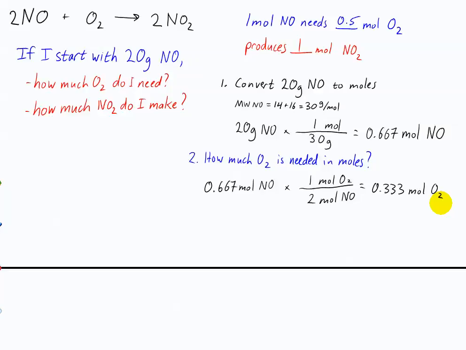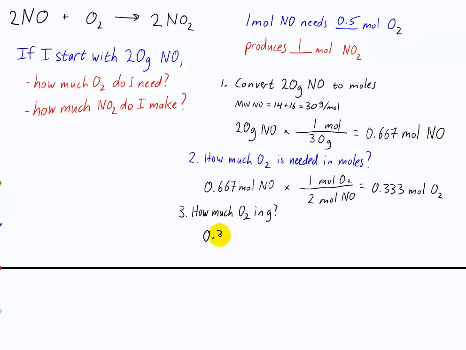And then we can convert that to grams to answer that first question. Because we can't weigh out the O2 in moles, we have to weigh it out in grams. So step 3, how do we take that 0.333 moles and turn it into grams? Right, we're going to multiply it by the molar mass.